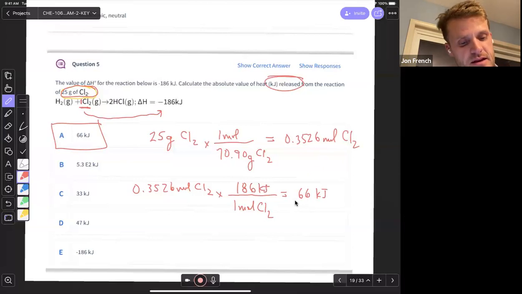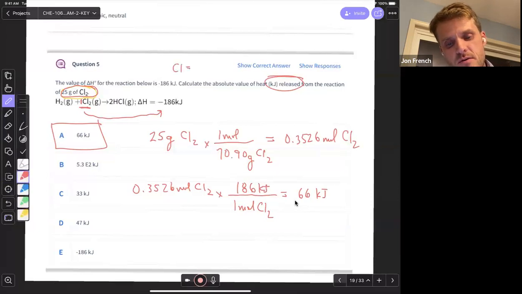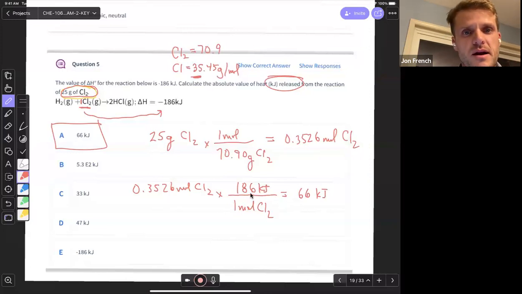The 70.9 came from the periodic table because chlorine equals 35.45 grams per mole. Diatomic chlorine has 2 chlorines, so 35.45 times 2 is where the 70.9 comes from.